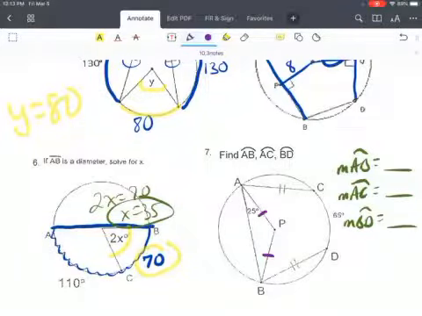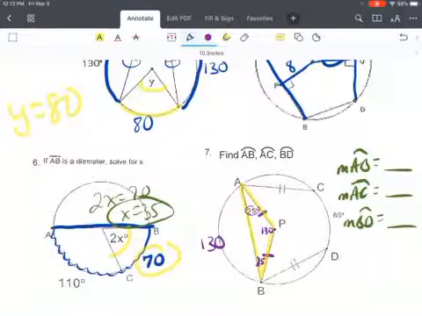And then if I look at just the triangle here in the middle, because that's isosceles, if the 2 sides are congruent, then the opposite angles are congruent. So that angle is also going to be 25. I can subtract the 2 angles I have from 180 and get 130. P is also a central angle, which means that its corresponding arc is 130 as well.